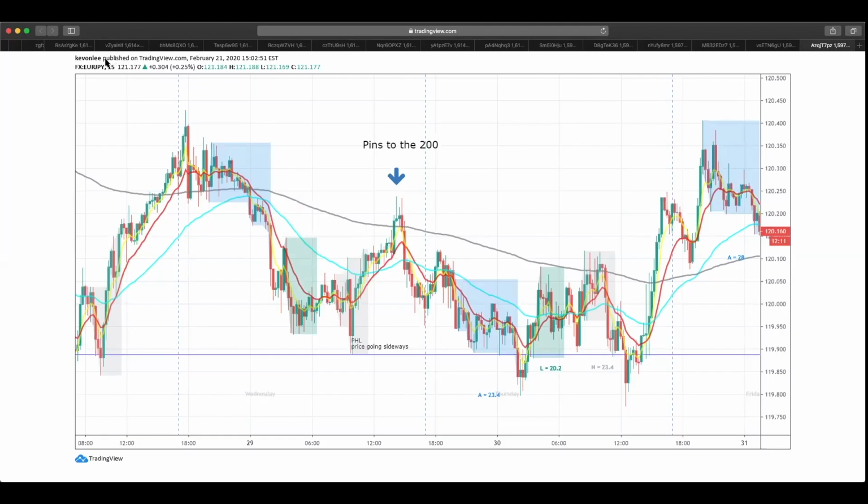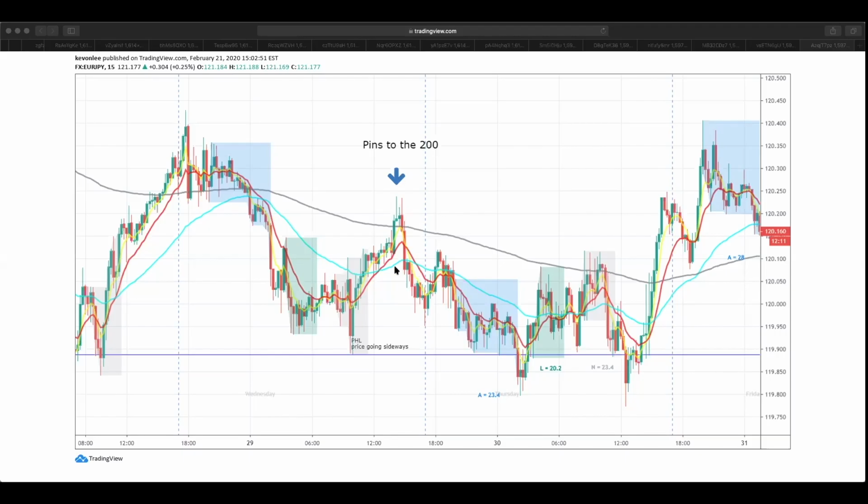Well, the body itself being on top of the 200 like this is not a bad thing. So that's not what disqualifies it for pins to the 200. There's literally pins to the 200, right? But when I say pins to the 200, I mean something that's actually tradable, right?